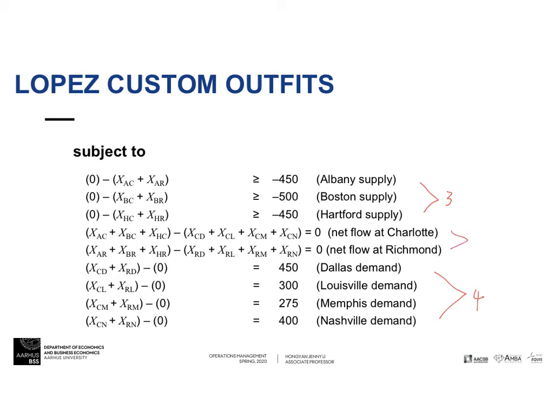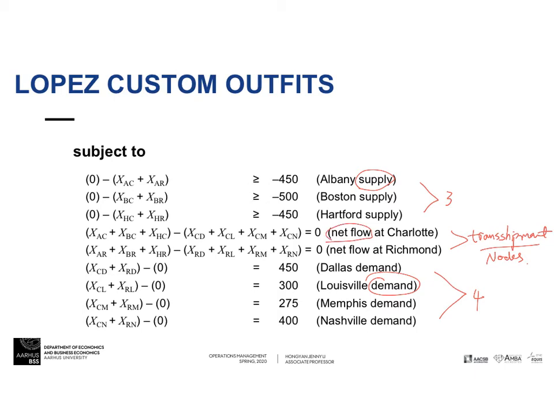So these 2 are transshipment constraints. So here is supply, and here is demand. And for the transshipment nodes, we calculate net flow.